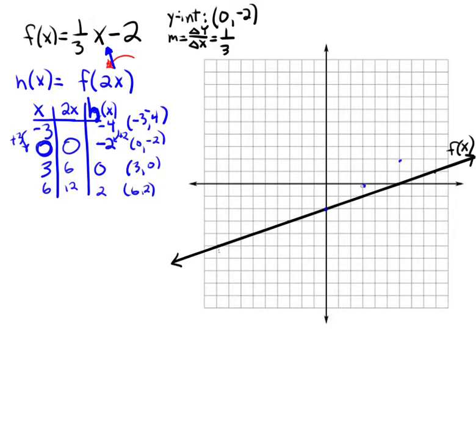I would have thought that that would be a multiplication by 2. But that was when it was 2 times f of x. That would be our y value multiplier. So that would affect the y values with the multiplier.